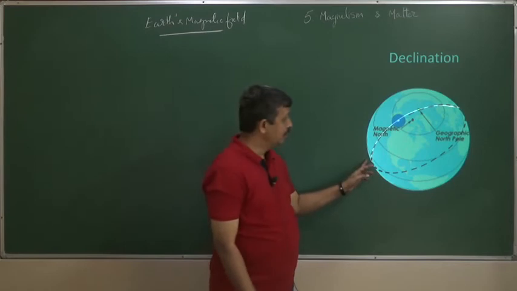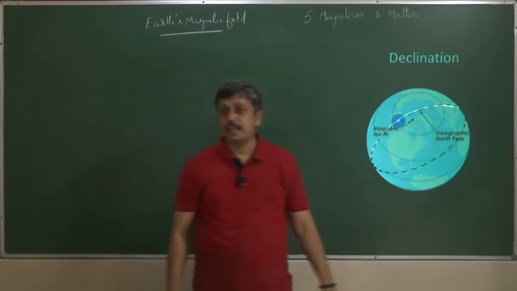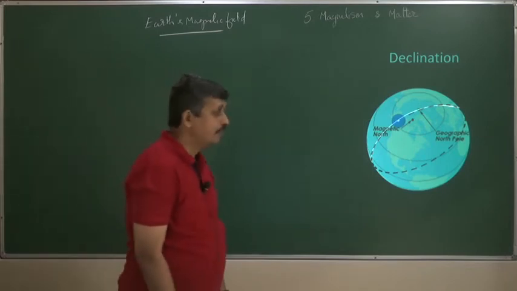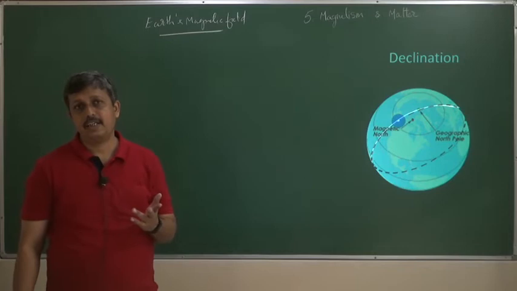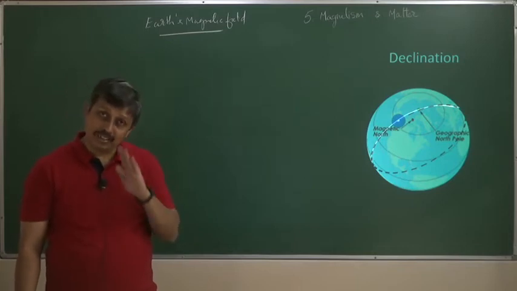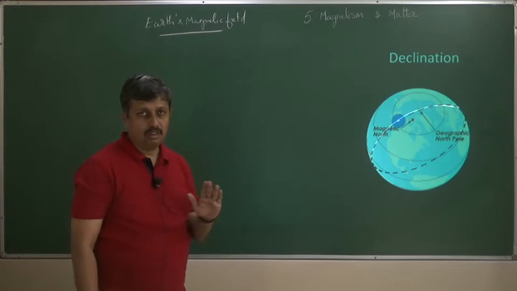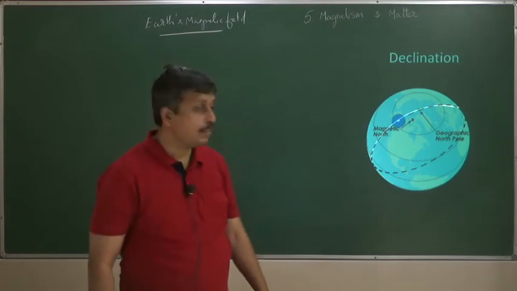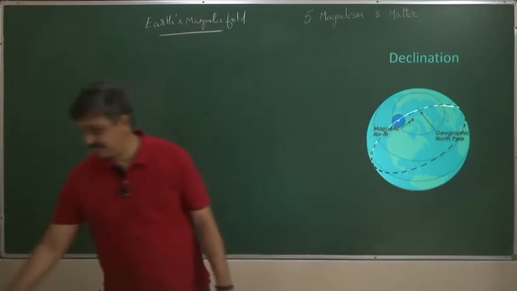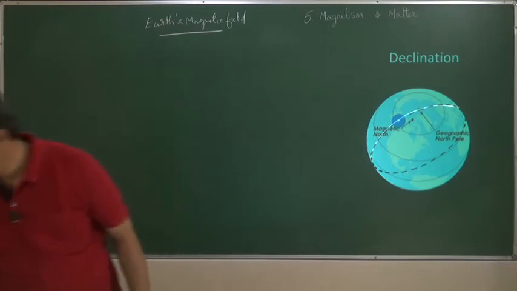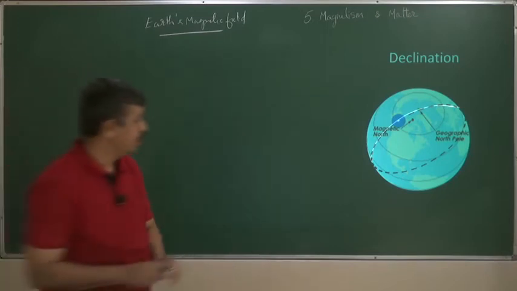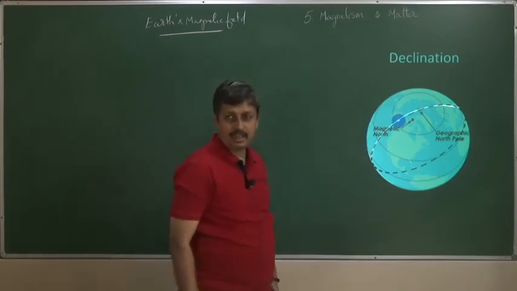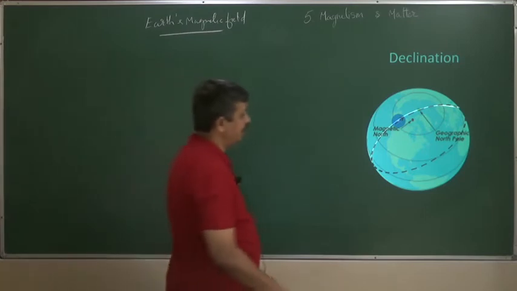This line is called the geographical north line. Now, suppose the magnetic north pole was also here only, then if I put a compass needle on the top of this, it would show an arrow like this.